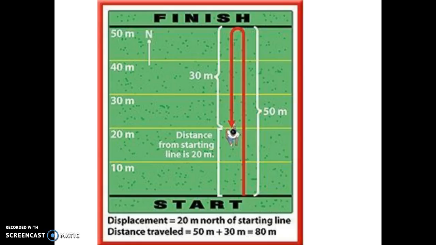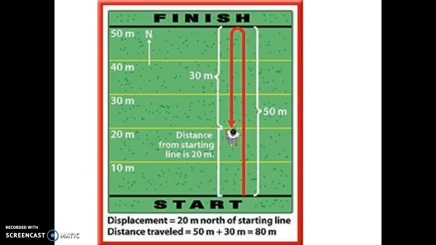Now, as you can see here, we have a runner maybe practicing sprints. For the distance he has traveled, he went from the start line up to the finish line, which was 50 meters, and then looped around and came back and ended up at the 20-meter line. So he has traveled a total distance of 80 meters.